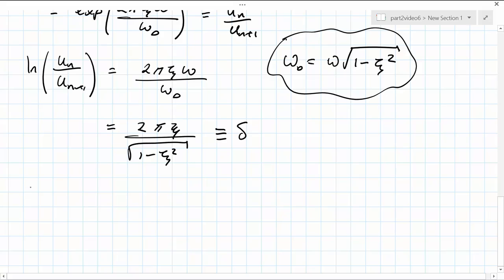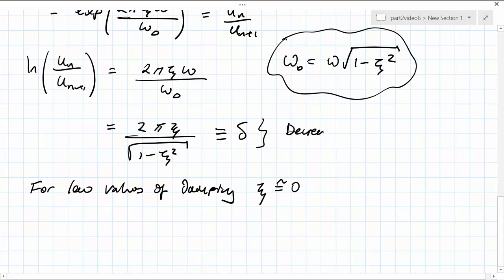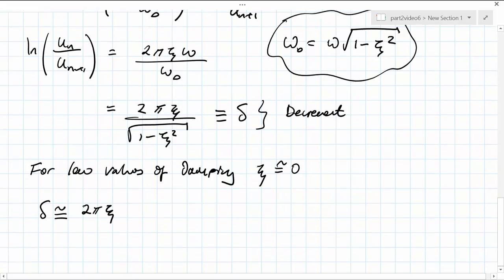So for low values of damping, we can then say that zeta is approximately 0. So then our decrement delta is approximately defined by 2 pi times zeta.